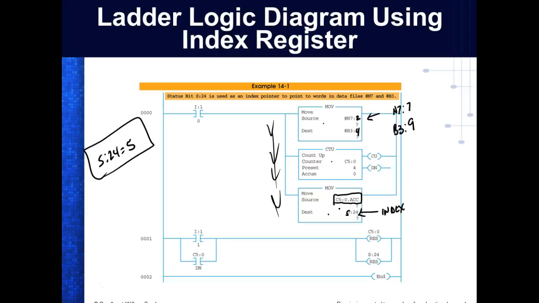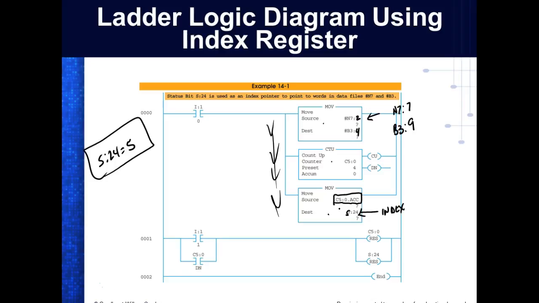Everybody okay? So what I'm doing is I'd say N7:2. Well, that 2 is not the address, it's a what? Offset. Okay. What are we offsetting from? Yes. We're accessing from the index register.